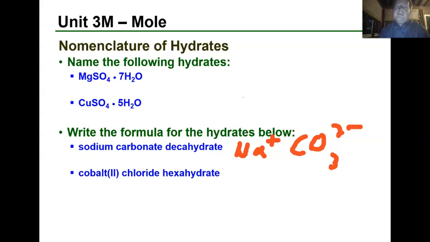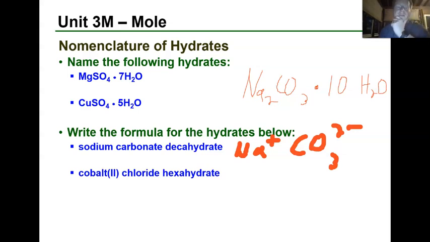So we put them together, it's going to be Na2CO3. It's decahydrate, so dot 10 H2O. Again, not multiplication. That's not what that means. Okay, so that's for that one.